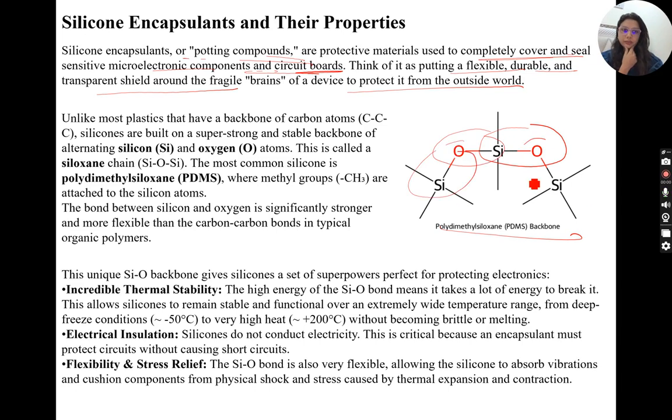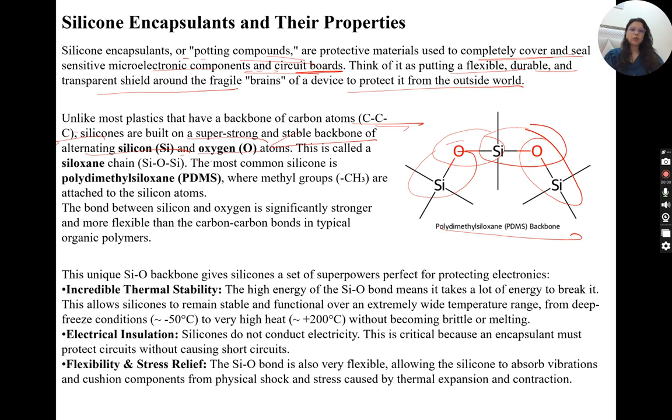And you look, this kind of silicone backbone can help to form such things. Unlike most plastics that have a backbone of carbon-carbon, like C double bond C, the silicones are built on a super strong and stable backbone of alternating silicon and oxygen.